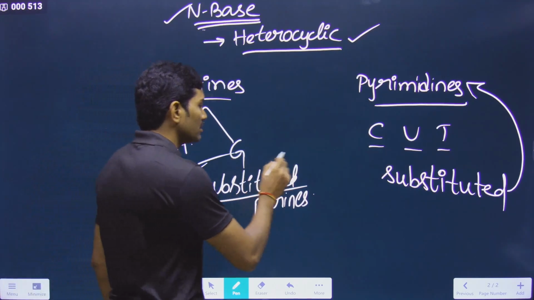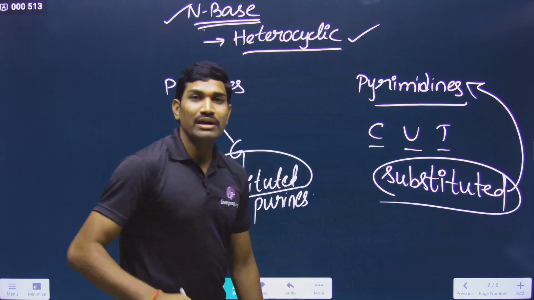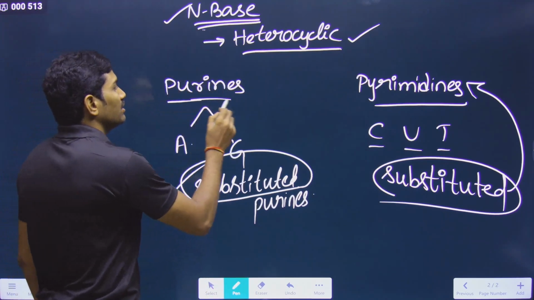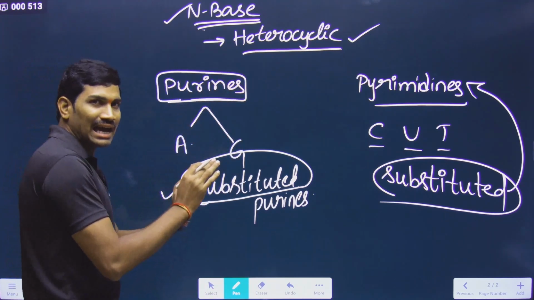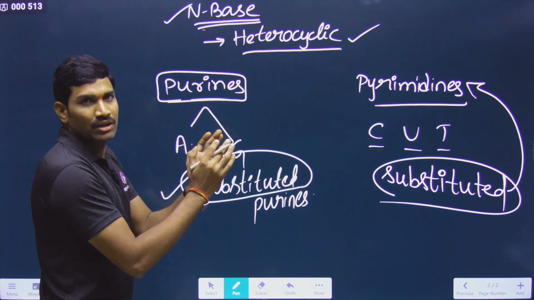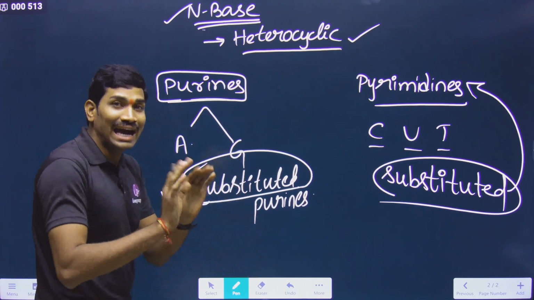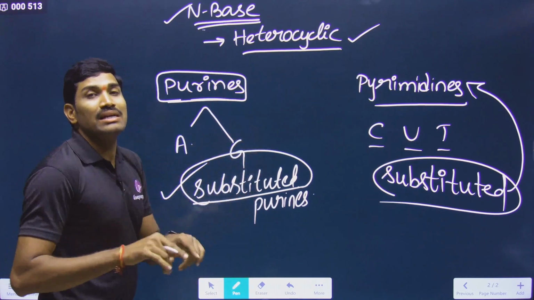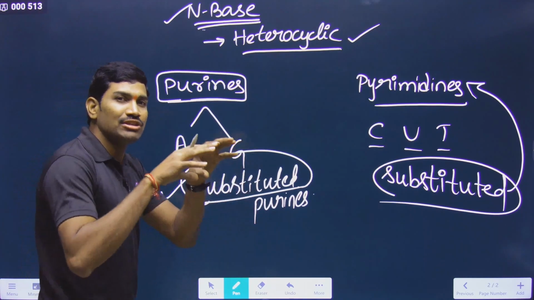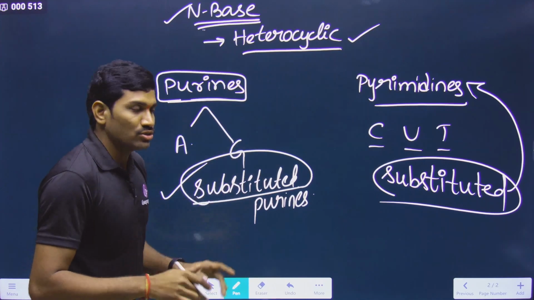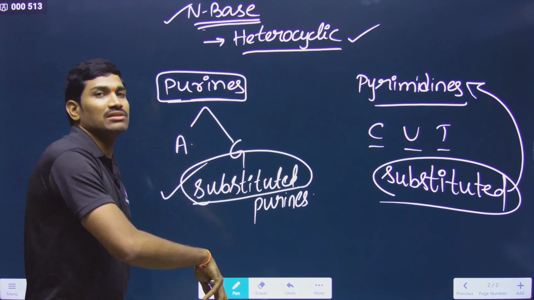Why are they using the word substituted? Because purine has a specific structure. Adenine and guanine have the purine basic ring, and on that, small changes are there. So that's why they are considered purines.